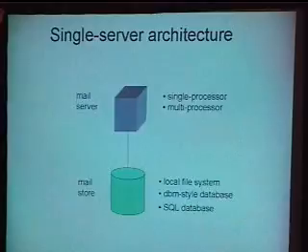Okay, there are basically three base architectures for a mail system. One is the simplest possible one, where you have one mail server, either a single processor or a multi-pro, with a huge mail storage. Because this system, for the first, doesn't scale.